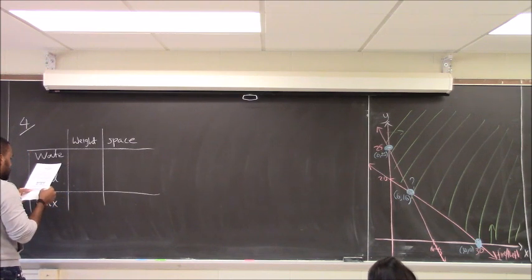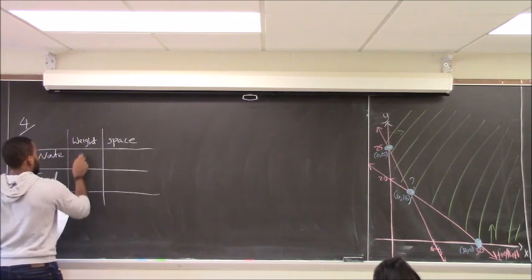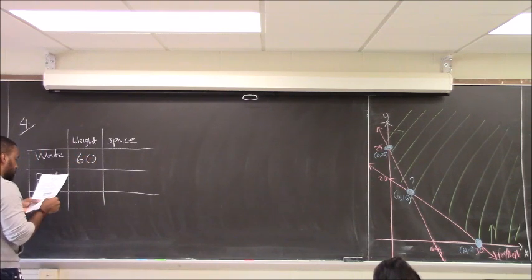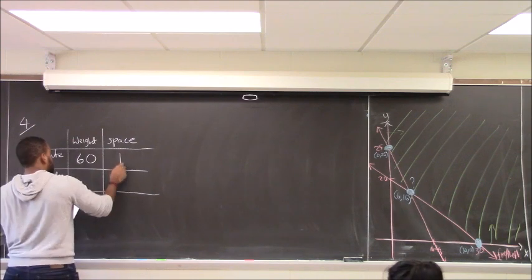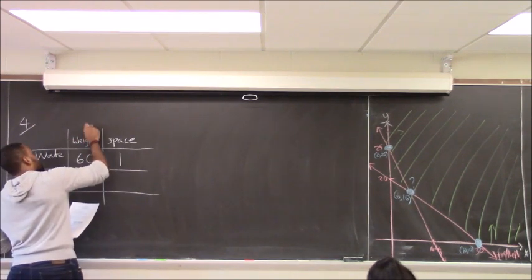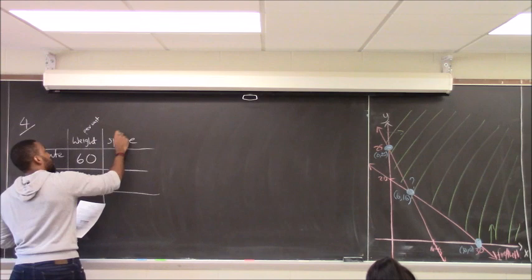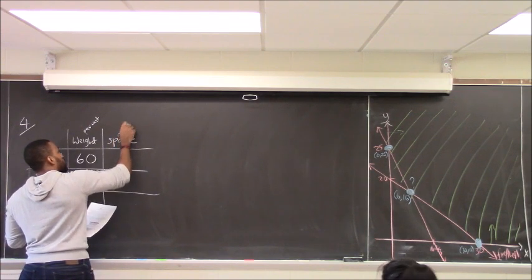So let's do that. Water weighs 60 pounds per unit and takes up 1 cubic foot of space. So this is per unit, and this is cubic foot of space.